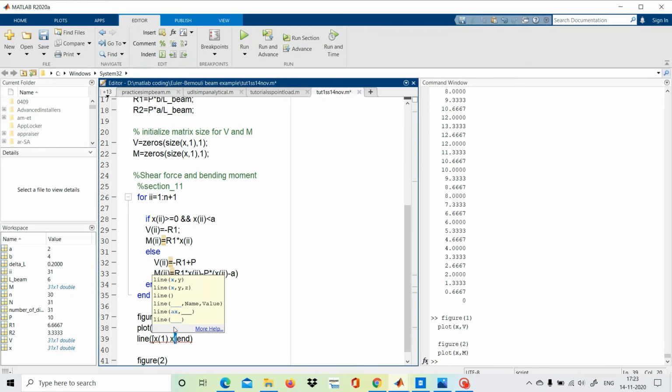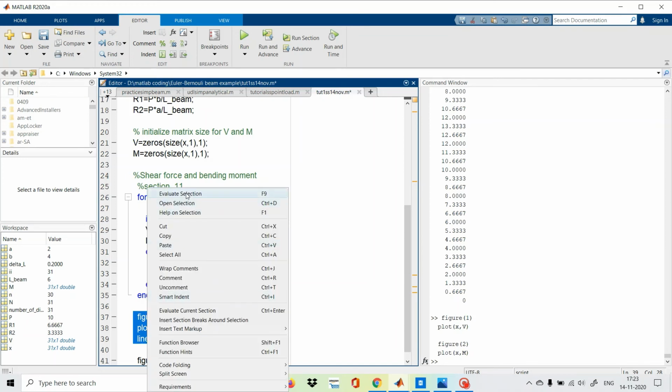We can write, and comma, position of y would be 0 initially, and at the last point also 0. Okay, so now let's see this figure of shear force.